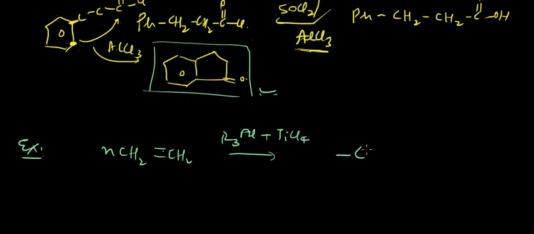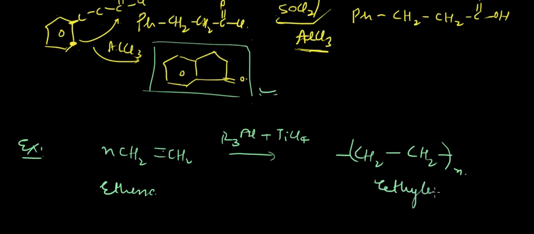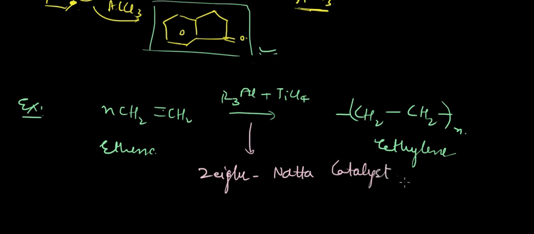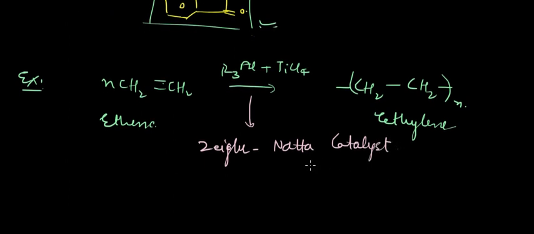Okay, then we'll be getting this product. This is ethene, and the polymer formed from the ethene would be polyethylene. So this is nothing but Ziegler-Natta catalyst, which is a heterogeneous catalyst.